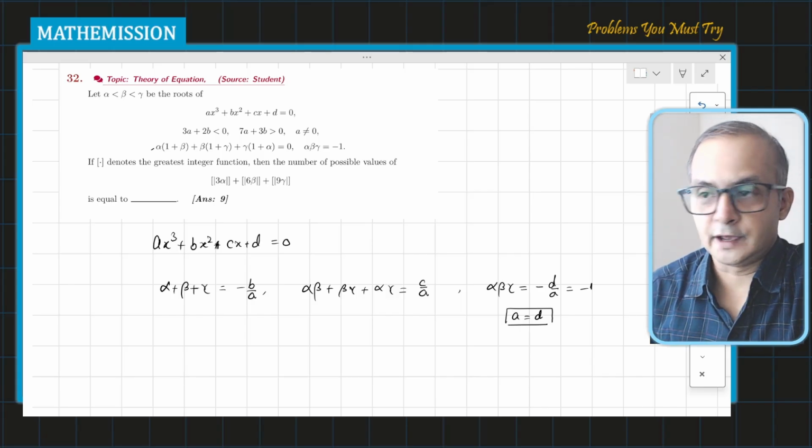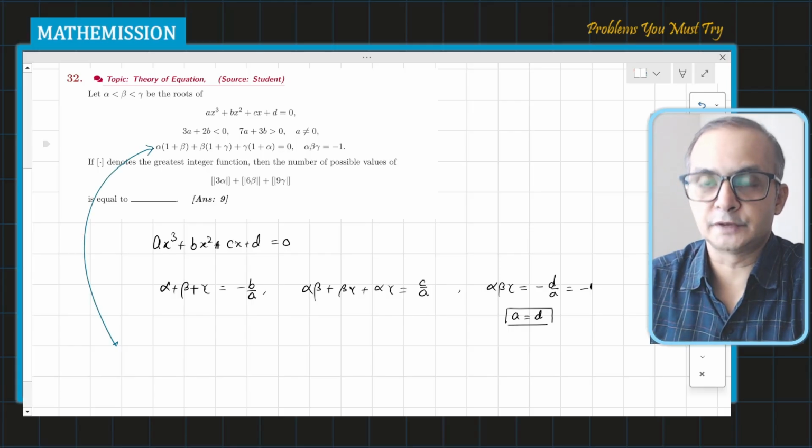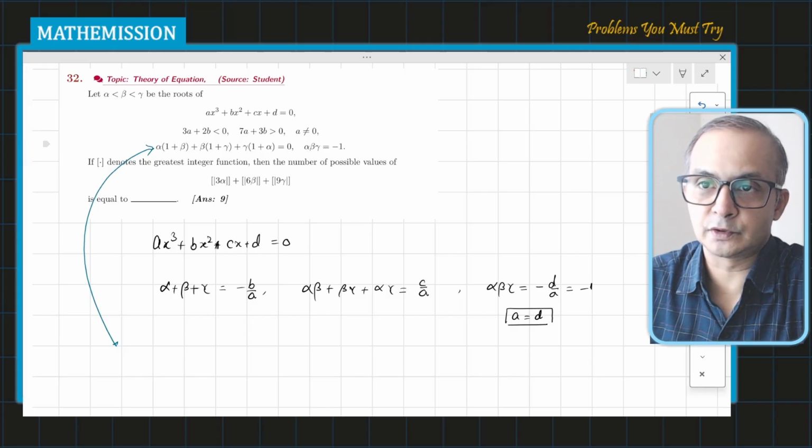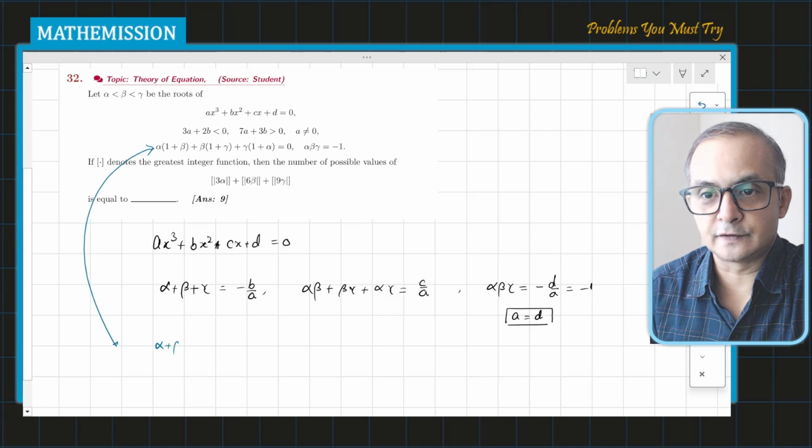Also, notice that from the equation given to you, (alpha plus 1)(beta plus 1)(gamma plus 1) is 0, which I can write easily as alpha plus beta plus gamma plus alpha beta plus beta gamma plus gamma alpha is equal to 0.